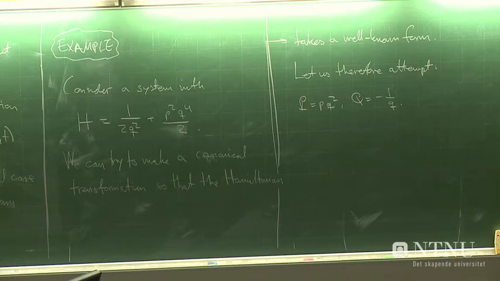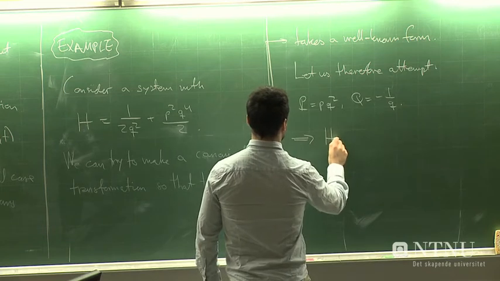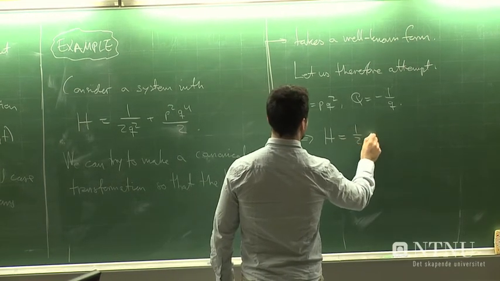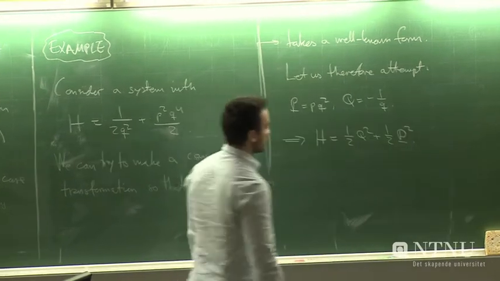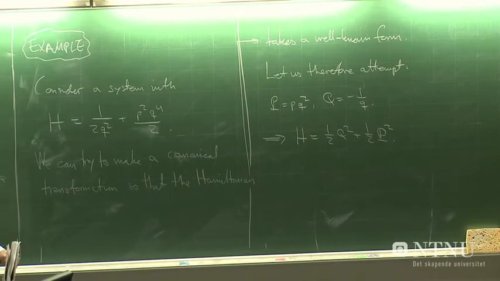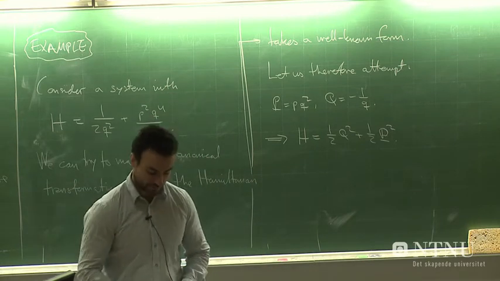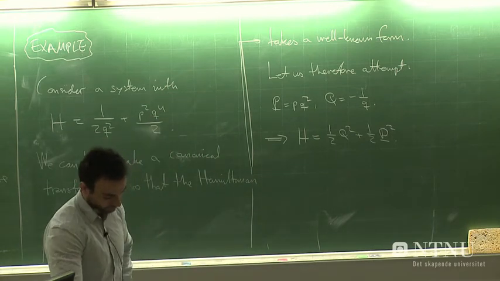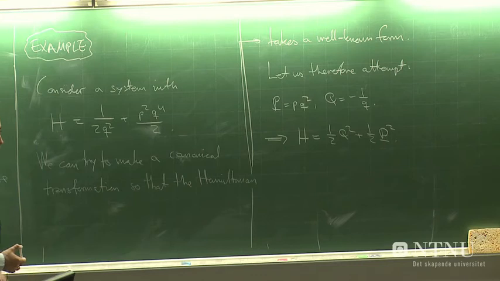So let's try to introduce a new set of coordinates which looks like this. The Hamiltonian now takes this form. So let me again pose the question.